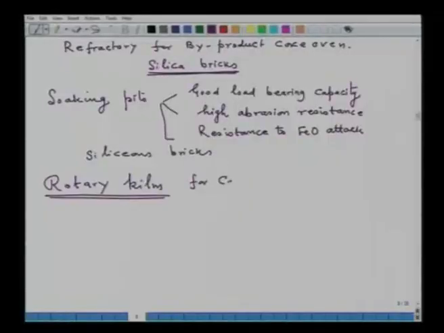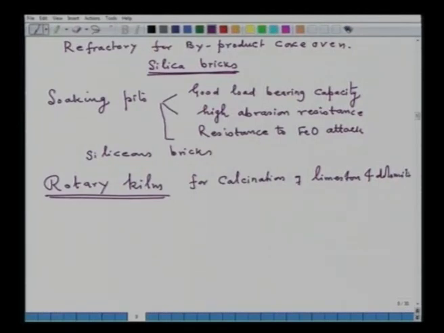Now, particularly, for example, if you look at the rotary kiln used for cement production, say rotary kiln for calcination of limestone and dolomite.